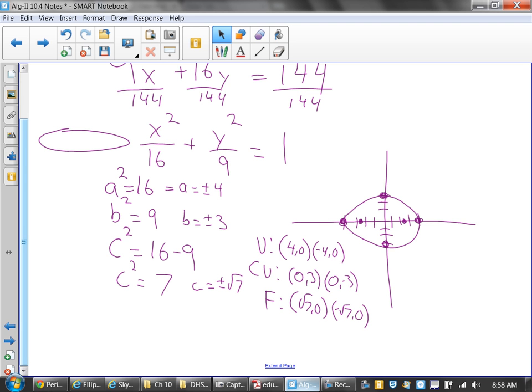And that's it. There's no shifting? Not yet. We will shift these. But again, you'll notice the shifted version of this is just going to be x minus h quantity squared over a squared plus y minus k quantity squared over b squared. And again, it's going to have two different versions of that because a squared is always the larger of the two, and it tells you the direction of which one's being stretched.